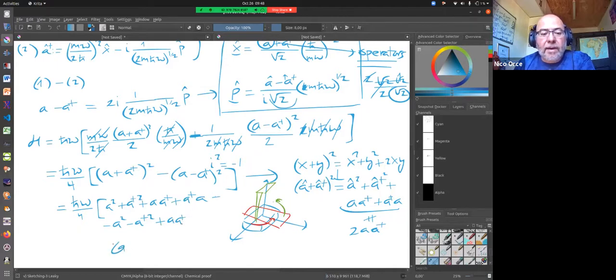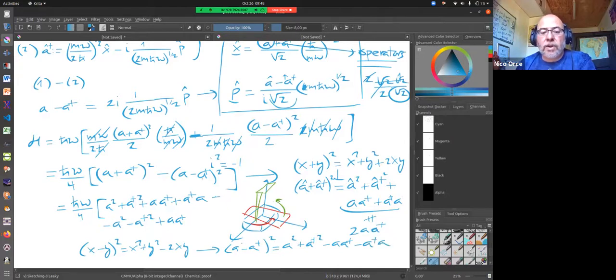If you have numbers, x minus y squared will be x square plus y square minus 2xy. In this case, in operators, a minus a dagger squared will be equal to a square plus a dagger square minus a dagger minus a dagger a, right? So this minus and minus get positive here, and here we have a plus a.